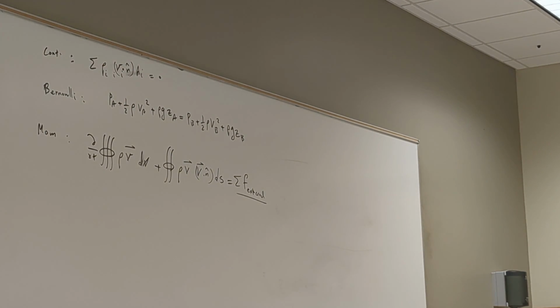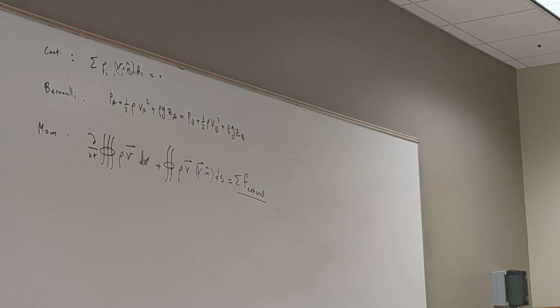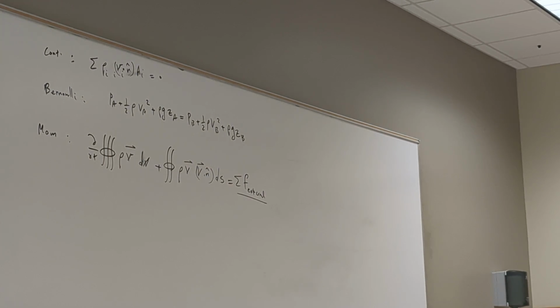First of all, can I write the Bernoulli equation for a point? You see, I have a streamline here. Let's say you are sitting on the streamline here and you traverse all the way to B, right? Can I write the Bernoulli equation? Is that a valid equation?